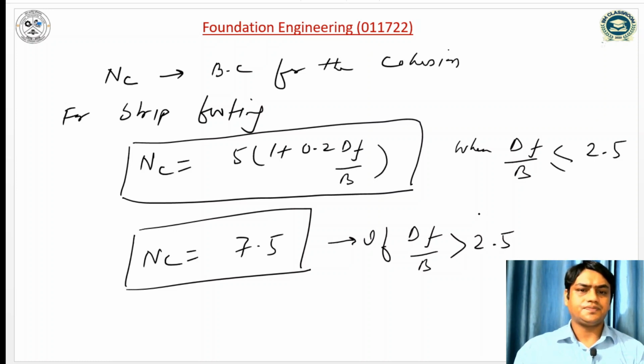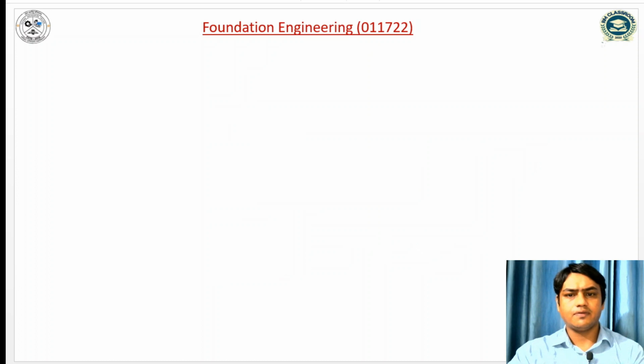So this is the bearing capacity factor expression given by Skempton for strip footing. Nc is equal to 5 into (1 + 0.2 Df by B) when Df by B is less than or equal to 2.5, and Nc is equal to 7.5 if Df by B is greater than 2.5.